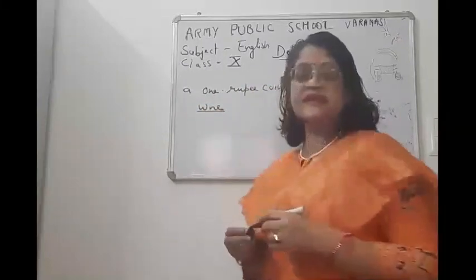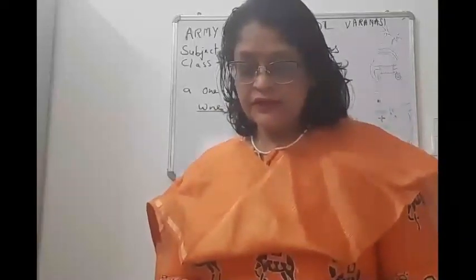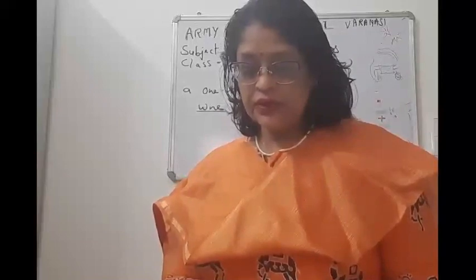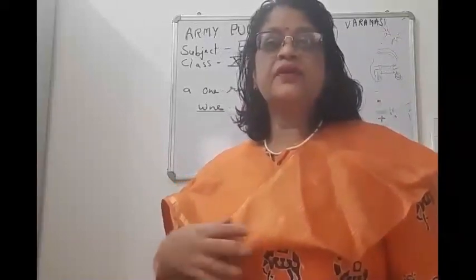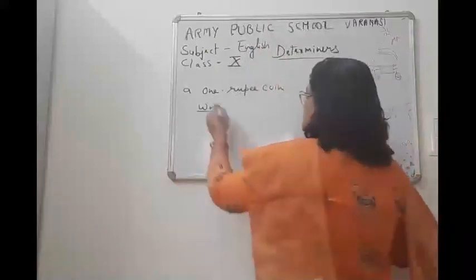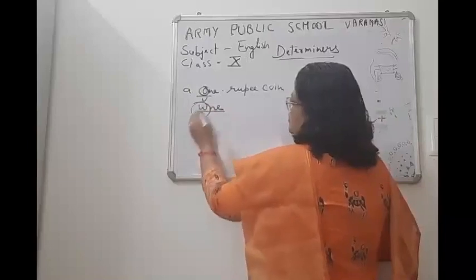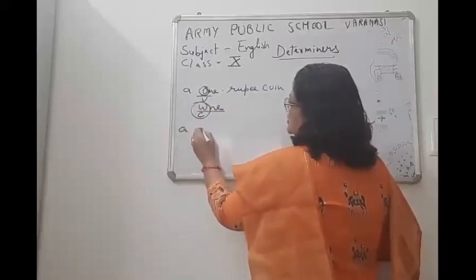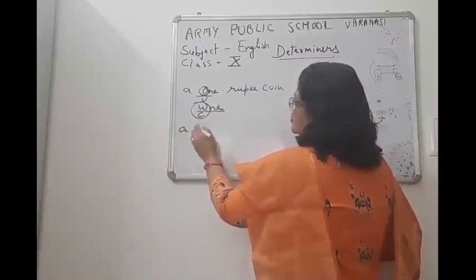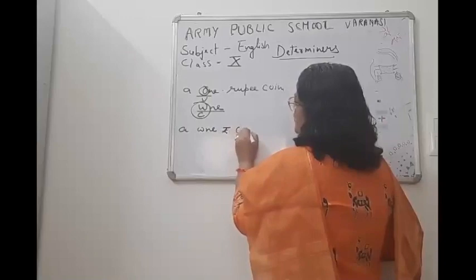We never say an one rupee coin. The consonant sound is W, so the vowel letter starts with the consonant sound W. So we are using a one rupee coin.